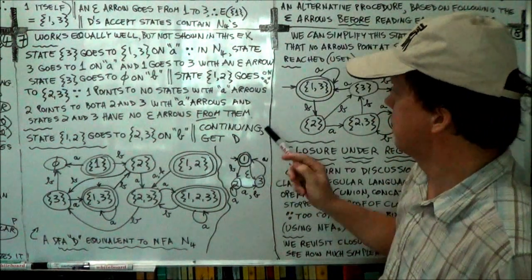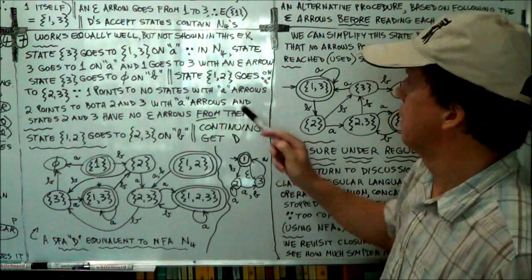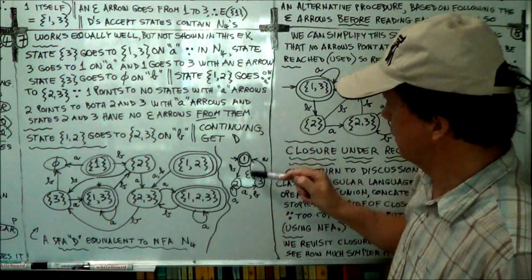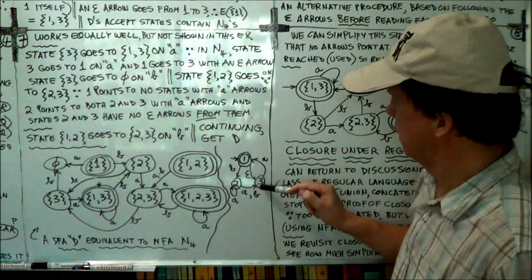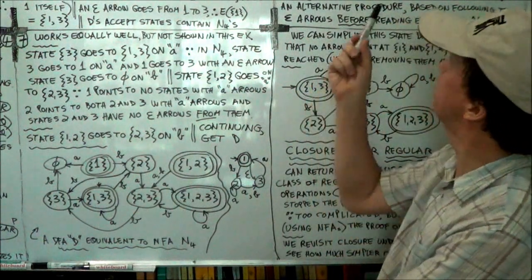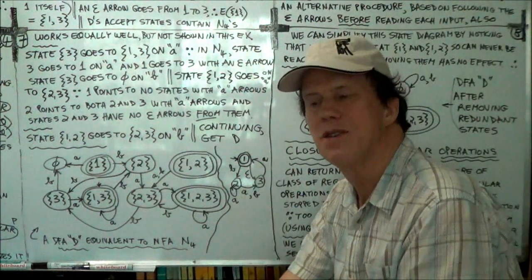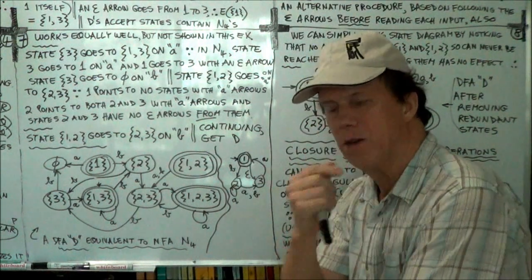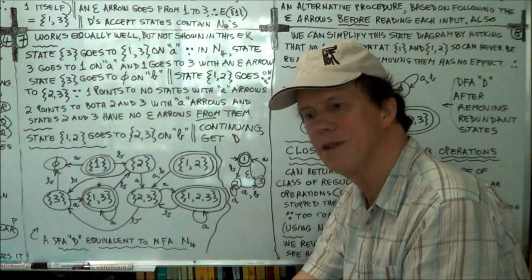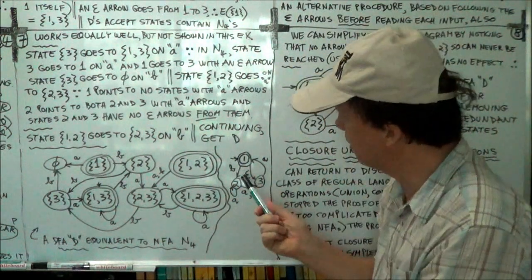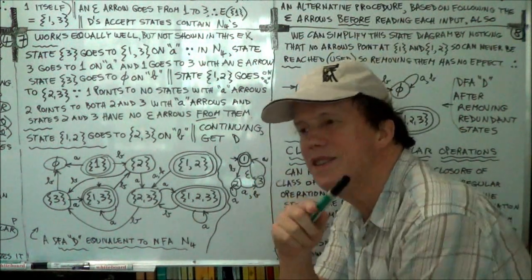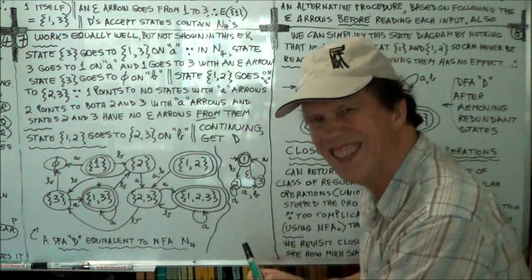Now I guess it depends. Here's where the nitty-gritty comes in. Remember in the previous session towards the end, we talked about whether you follow the eta arrows before you read the symbol or after you read the symbol. So here's a case where it would be relevant. These details were not spelt out in the text. We're just learning them by deduction.